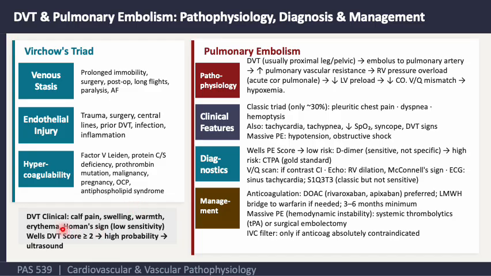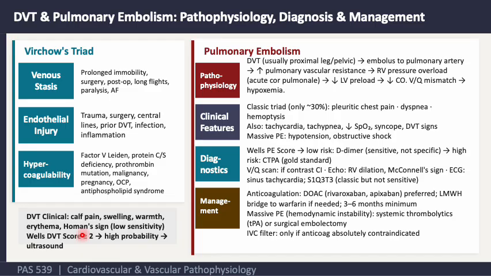With a DVT, clinically, they may present with calf pain, swelling, warmth, erythema. A lot of this can be determined by a Homan sign, which can have low sensitivity. And just for clarity, Homan sign is a physical examination maneuver that historically has been used to check for a DVT in the leg.